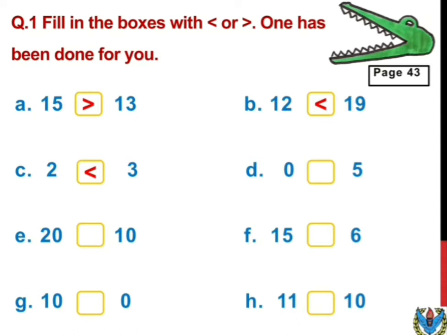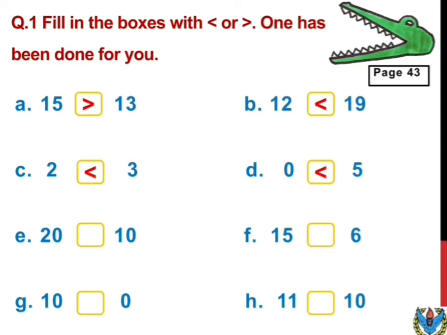Look at part D. The numbers are 0 and 5. Both the numbers belong to ones column and we will start counting from 0. 0, 1, 2, 3, 4 and 5. So 0 is the smaller number, 5 is the bigger number. So 0 is less than 5.